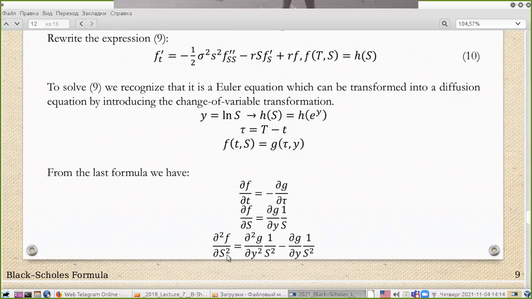So the second derivative from this will be the second derivative multiplied by the derivative of 1 divided by s, because it is a product. So the derivative of this multiplied by this plus the derivative of 1 over s multiplied by this.